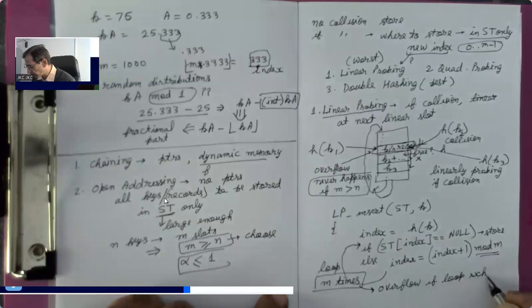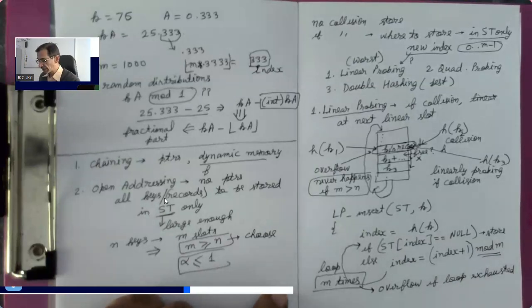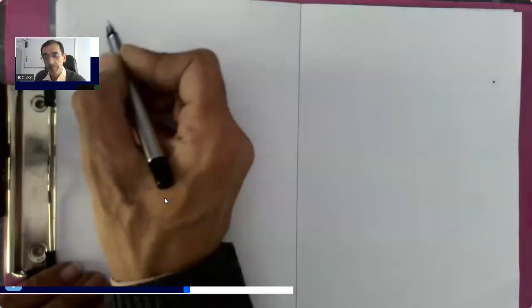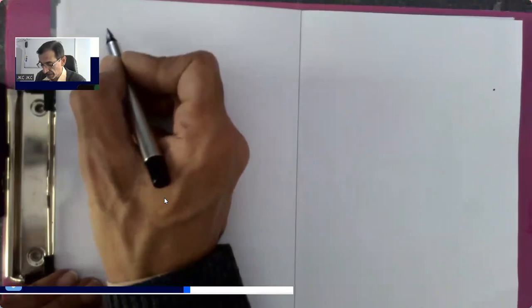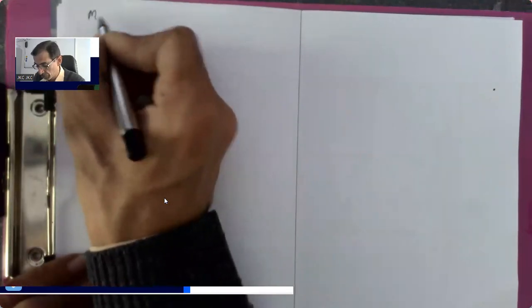So that also I can accordingly write. So this effectively becomes linear probing. Of course, there are advantages and disadvantages, but mathematically, if the same thing is to be implemented, we have a different way of doing this.